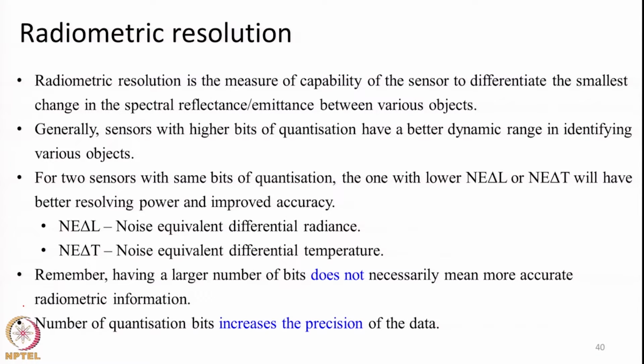this does not actually indicate everything about the radiometric resolution. If you look at the concept of resolution, I told you it is whether we are able to clearly distinguish or resolve two features. Spatial resolution means are we able to resolve two nearby features spatially.